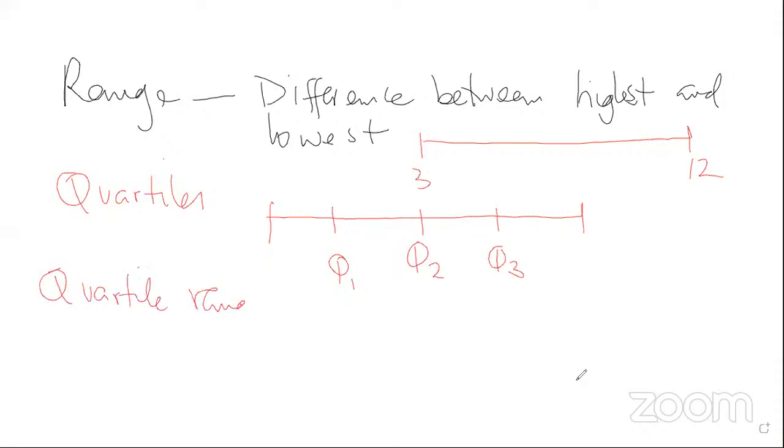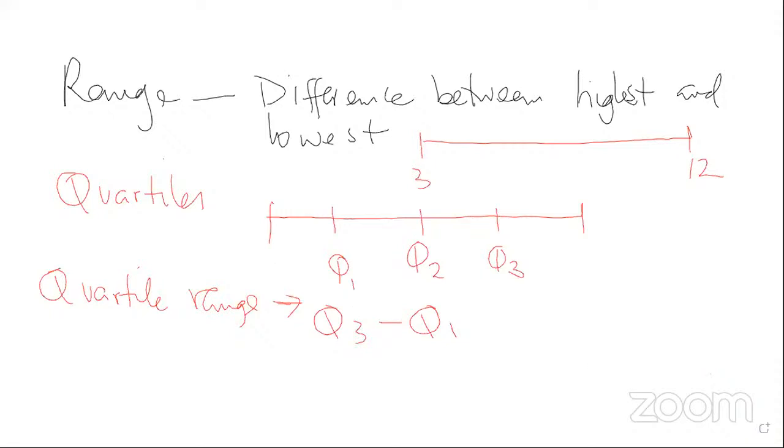Then when we talk of quartile range, it borrows from range. We have said range is the highest value minus the lowest value, which means quartile range is the highest quartile, Q3, minus the lowest quartile, Q1. So when you take Q3 minus Q1, what you get is what we call the quartile range.